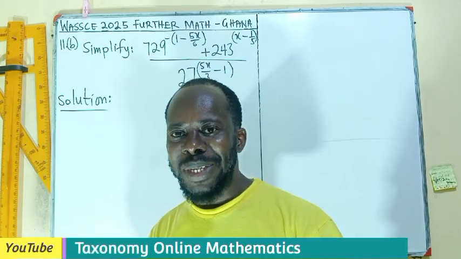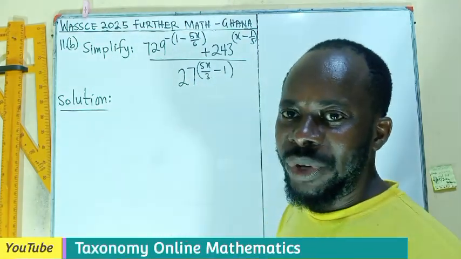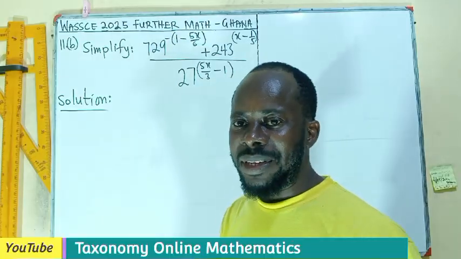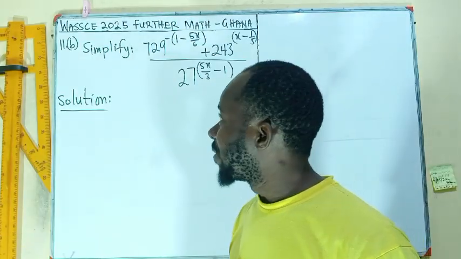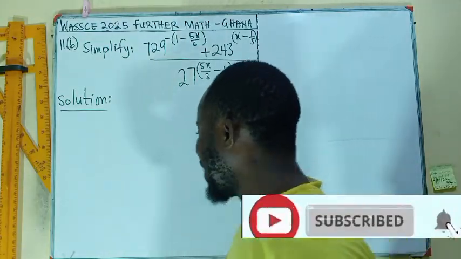Hello, welcome to question number 11B, WASSCE 2025, Further Mathematics for the Ghanaian student. We are to simplify these indices.